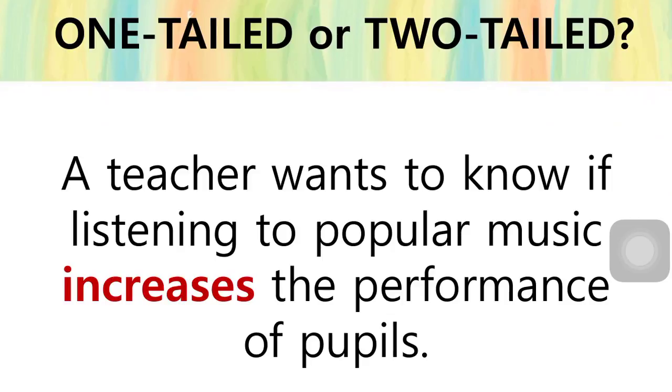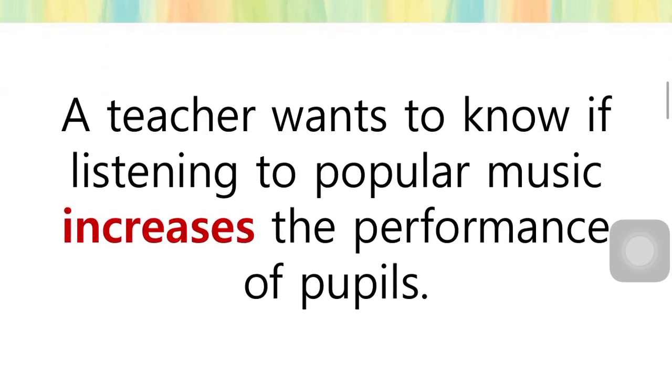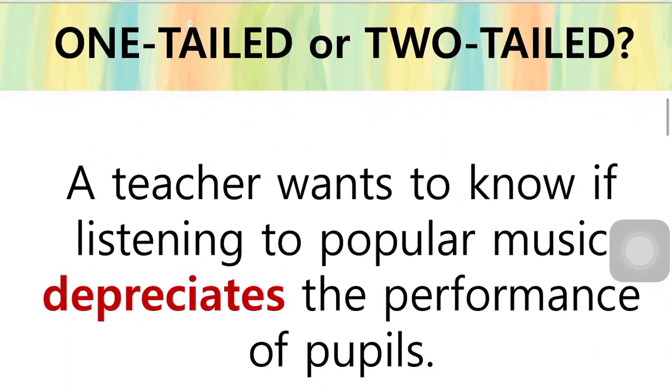Does it have a direction? Yes, it's going to the right. So we say it's one-tailed, right-tailed. The third one, depreciates. Does it signal direction? Yes, it is a one-tailed, left-tailed.